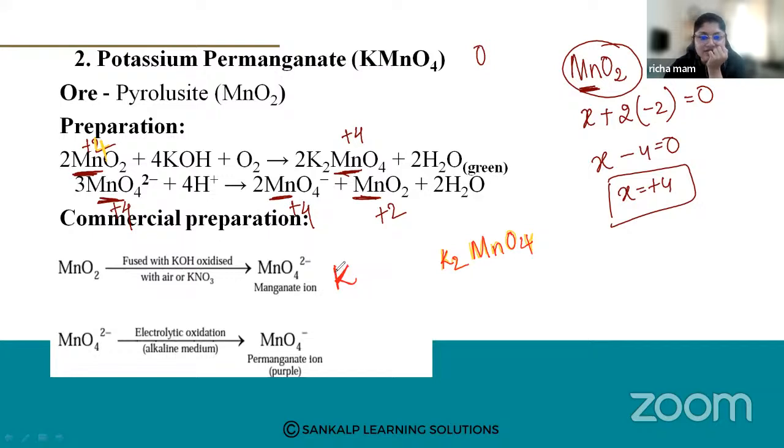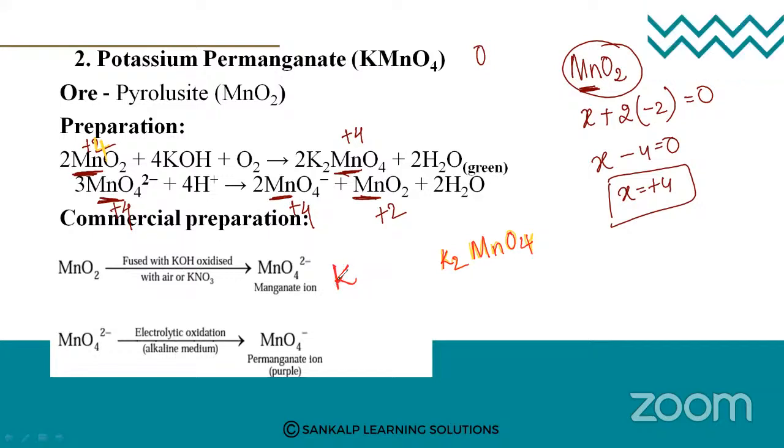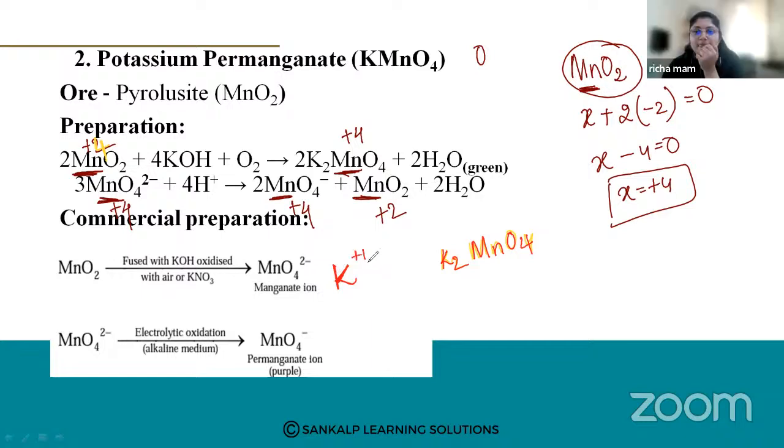Commonly, what is the oxidation state of K? Yes, it is +1. Potassium comes under alkali metals, and the common oxidation state shown by potassium is +1. How many potassiums are there? 2. So we write 2 into +1.